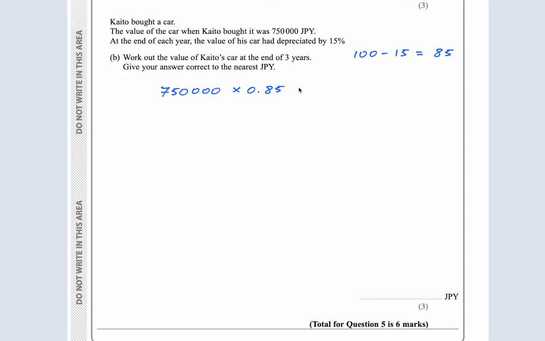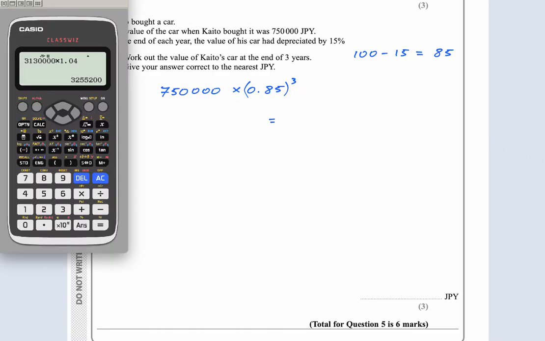But I need to multiply by 0.85 again because that's for the second year. And then it's going to decrease again by 0.85. So the easier way to do it is just do 0.85 to the power of 3. Again, we have a calculator.